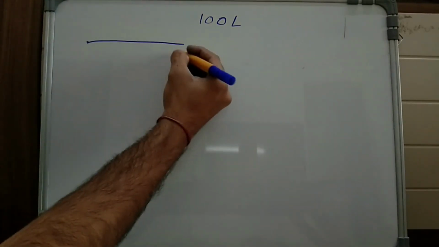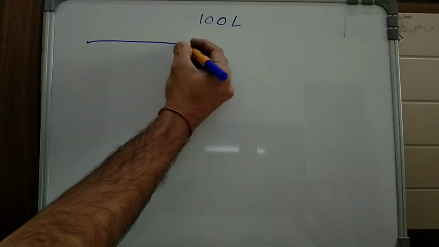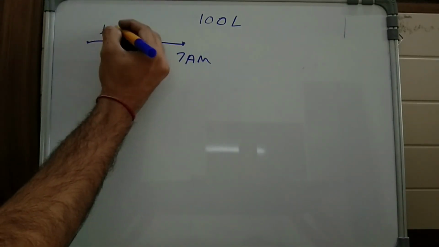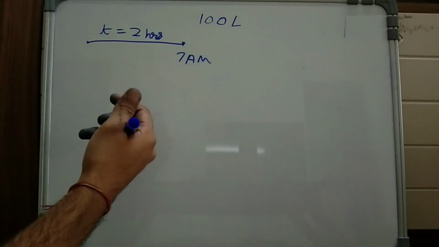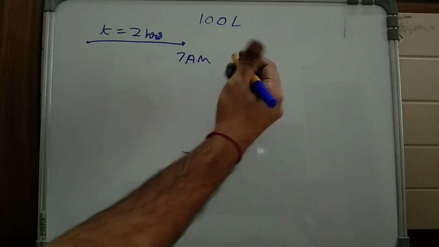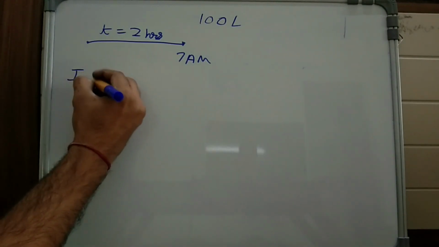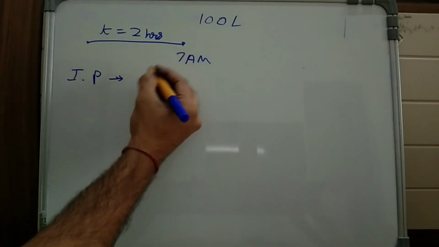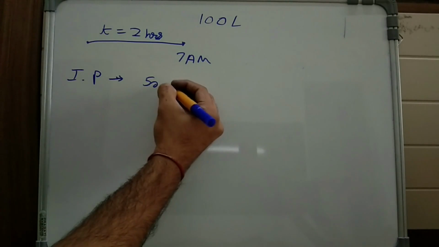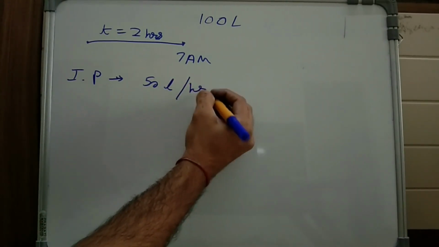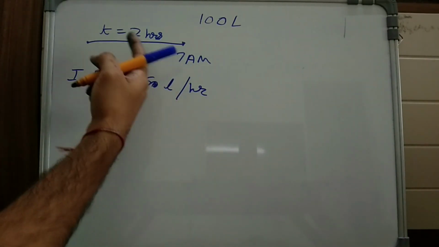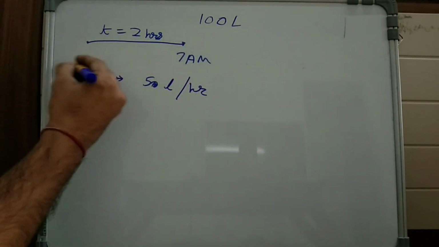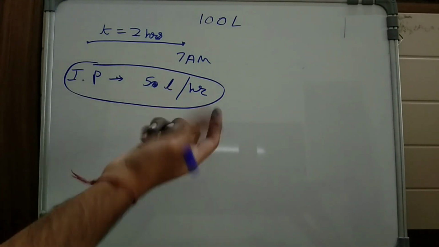Let's say this is filling it by 7 am, and time is equal to 2 hours. I am just taking a random example, I can take anything. Okay, so what will be the rate? 100 by 2 is equal to 50. So the rate of the inlet pipe will be 50 liters per hour. If it is 50 liters per hour, then only in 2 hours it can fill 100 liters.